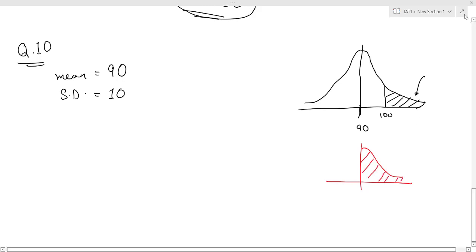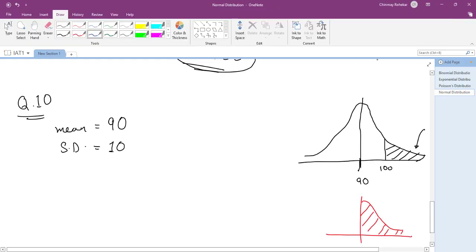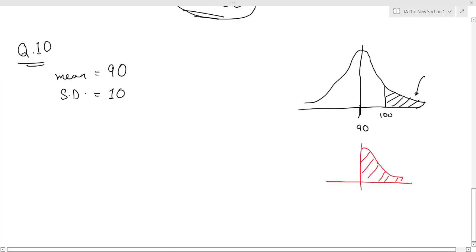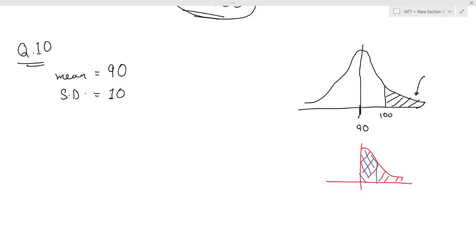From that red area, we will have to subtract this blue area. Whatever area we get is the area we are interested in: the speed greater than 100 kilometer per hour. This is going to be the probability of a car going faster than 100 kilometer per hour.